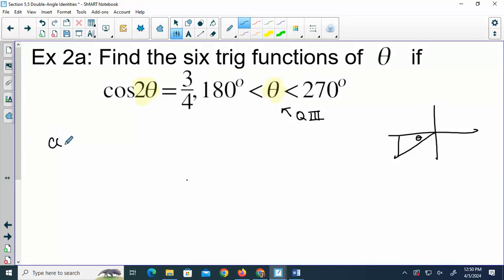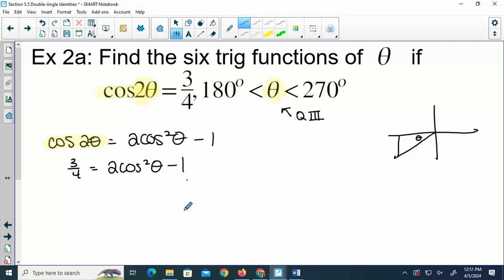So we decided to use cosine 2 theta equals 2 cosine squared theta minus 1. So we plug in what we know. I gave you cosine of 2 theta, so that gets replaced with 3/4. I'm solving for cosine, so add our 1.